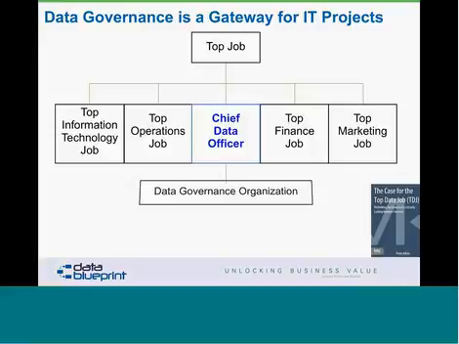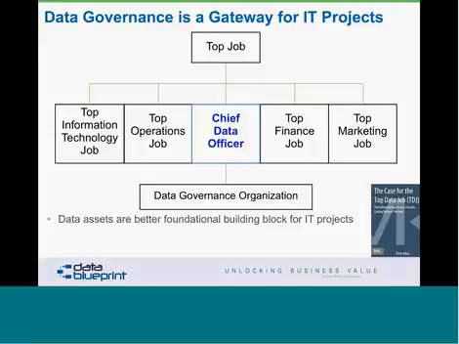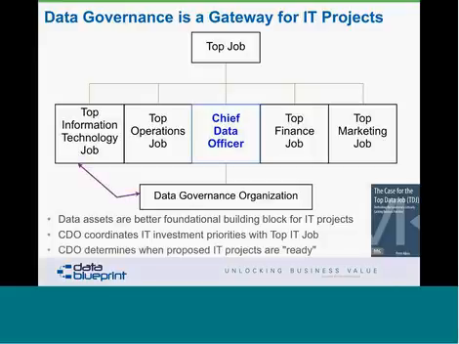The reason this is important is that the chief data officer runs the data governance organization and takes these data assets and says these are foundational building blocks for IT projects. The CDO then coordinates these IT investments with the top IT job, and the CDO determines when IT projects are ready to go. The more you separate these functions, the faster your IT projects will go.